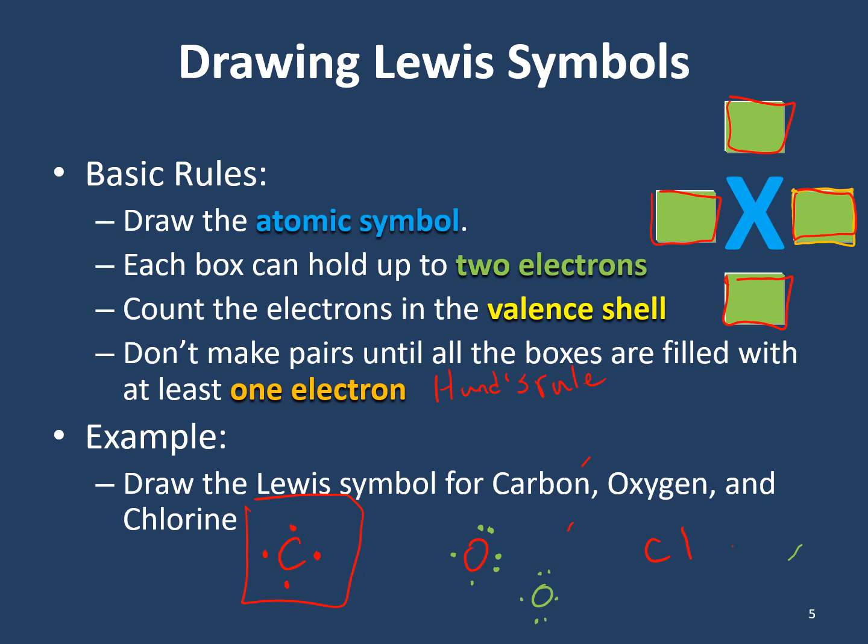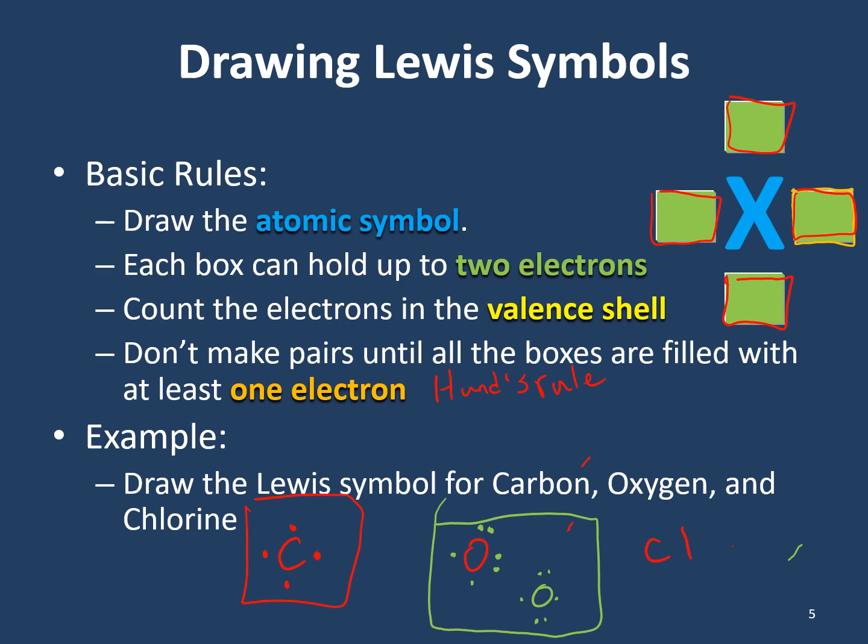Notice the similarity: we have 2 paired and 2 unpaired electrons around the oxygen symbol. It does not matter where the paired groups are versus the unpaired groups. As long as you have a total of 6 valence electrons, with 2 groups paired up and 2 groups unpaired, that is an acceptable Lewis symbol of oxygen.